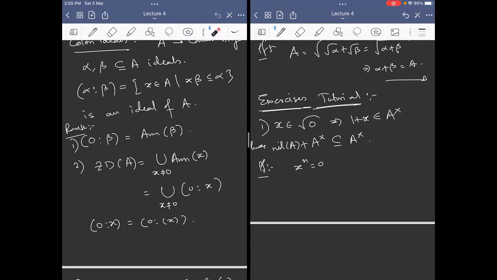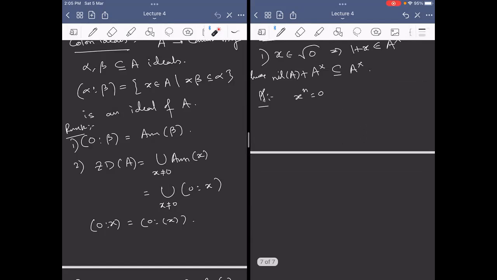Then what do you get? 1 plus x plus x square and so on, this geometric series sums into 1 by 1 minus x. So formally, if at some point x to the power n becomes 0, then you get a finite sum and therefore a ring element, and if you multiply it with 1 minus x, this gives you 1. So we are going to use that idea.